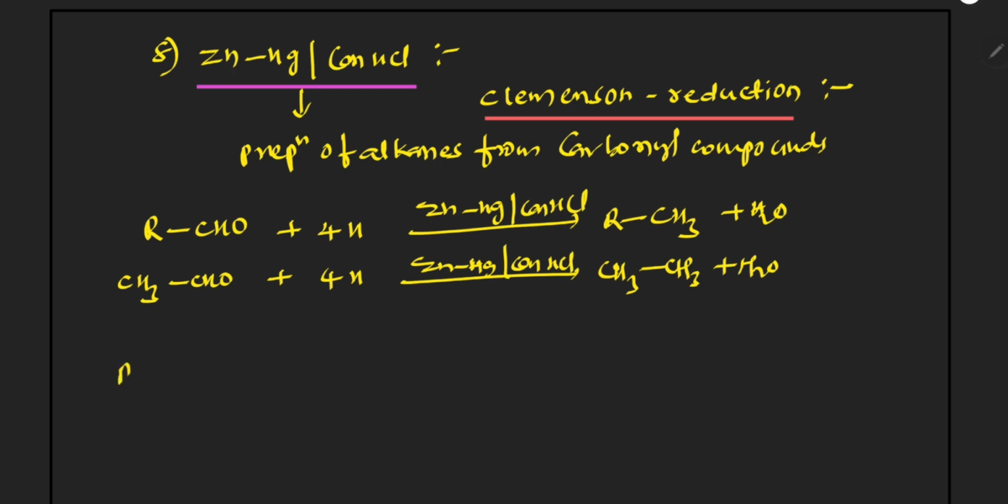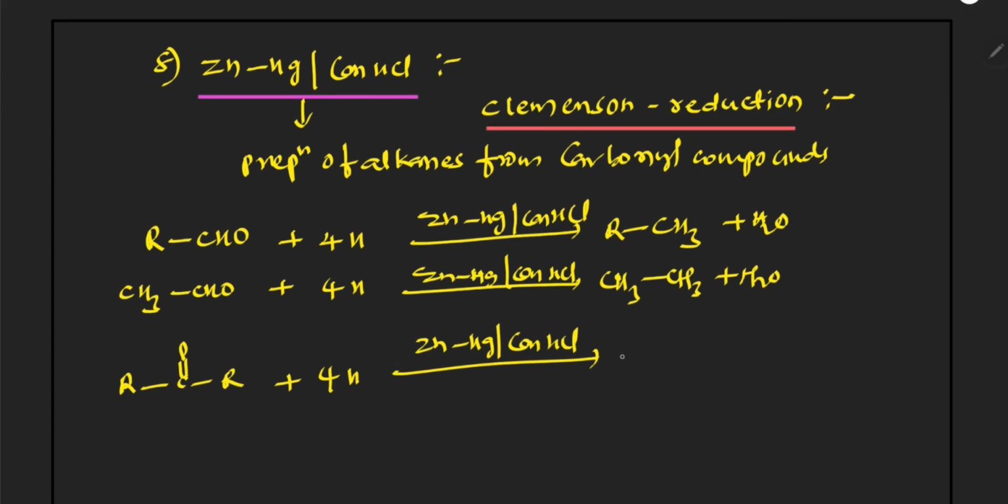Have a look at ketone, R-C=O-R, with reduction with zinc amalgam with concentrated HCl, it gives alkane.